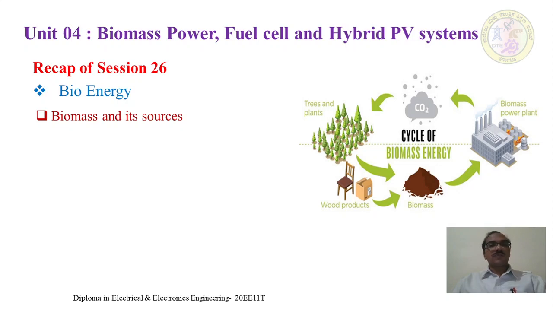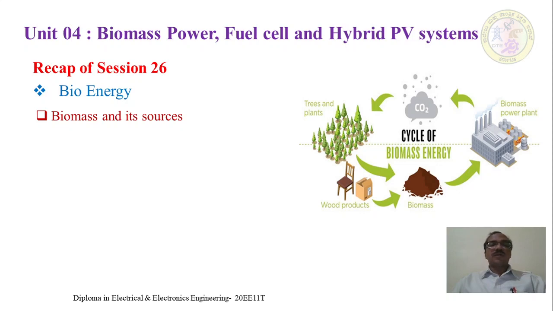And what are its sources? We have discussed the 5 different types of sources classified as biomass. We get it from forest, that is either wood or leaves, or whatever available from the forest.